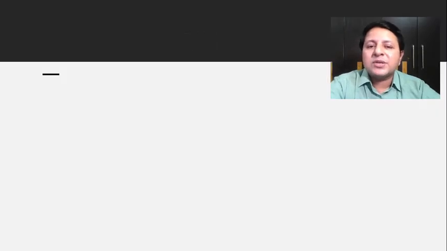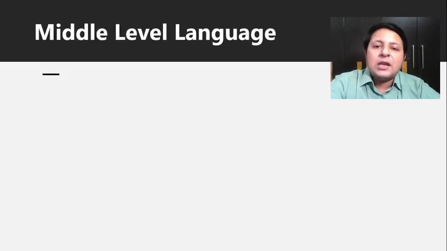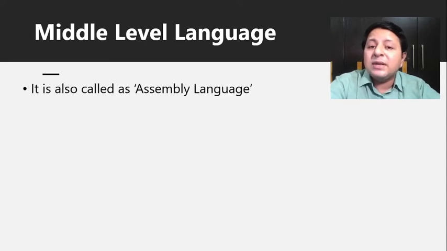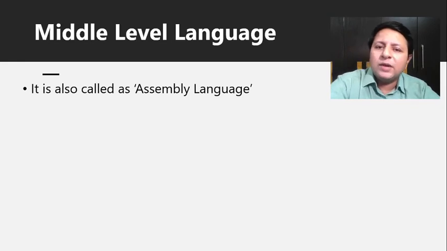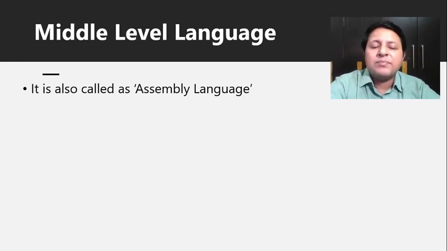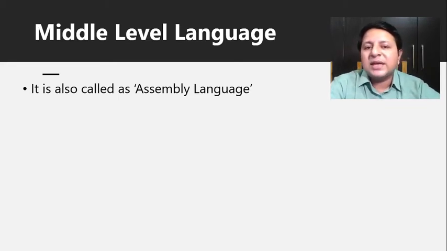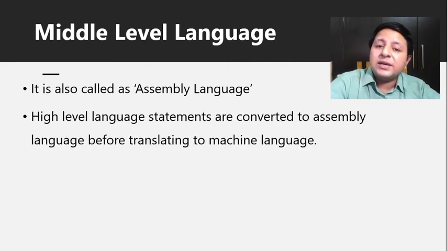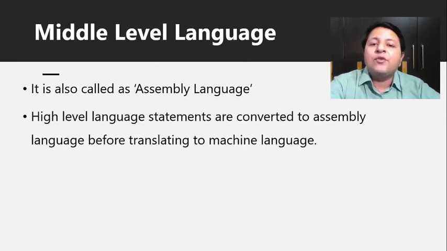Now moving ahead to the next one, that is middle level language. This acts as a bridge between high level language and low level language. This is also called assembly language. We have to convert high level to low level for the execution, as we just said. So the intermediate form the language will take is a middle level language. We can say that high level language instructions are translated into assembly language before they get translated to machine language, or low level language.